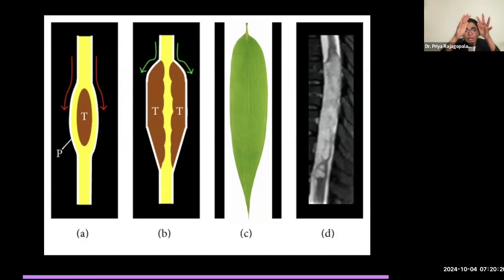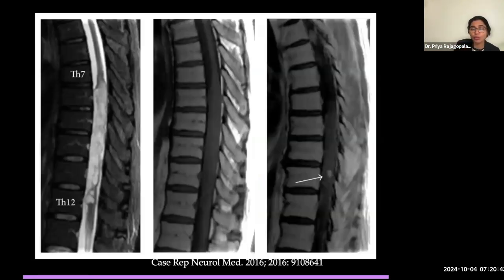So just below the pia mater, it tends to expand. And because of that, it also has this classic bamboo leaf appearance. So that's the appearance that it's referred to because of the way it spreads along the spinal cord. So that's an example of a spinal subependymoma.